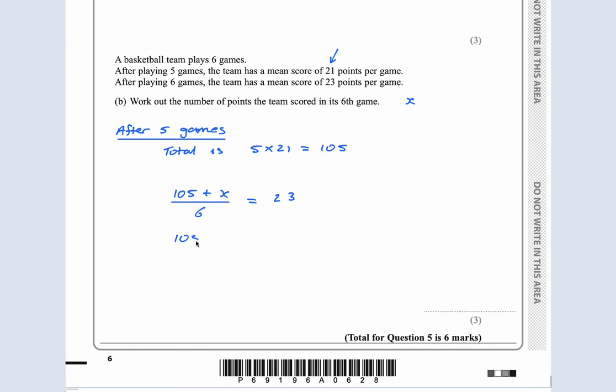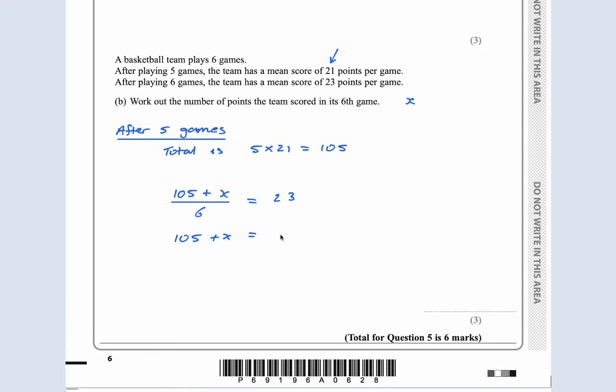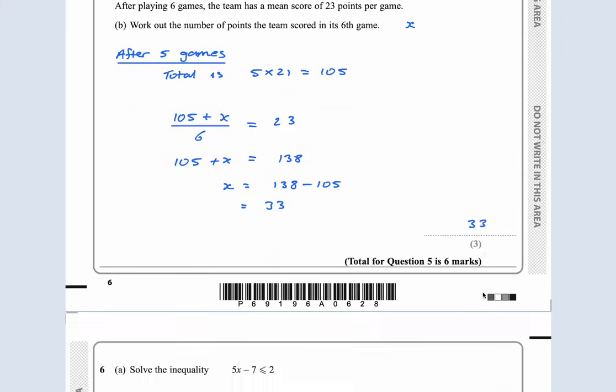The best way to do it is you just multiply this by 6. 23 times 6 is, do I need a calculator? Why not? 23 times 6 is 138. And then X is 138 minus 105, which is 33. So they scored 33 in the last game. Okay, not an easy question.